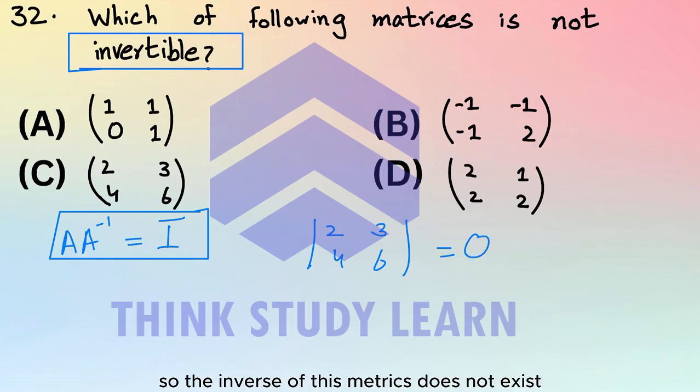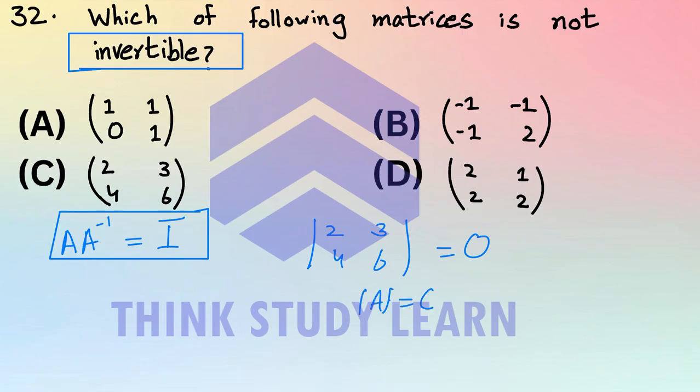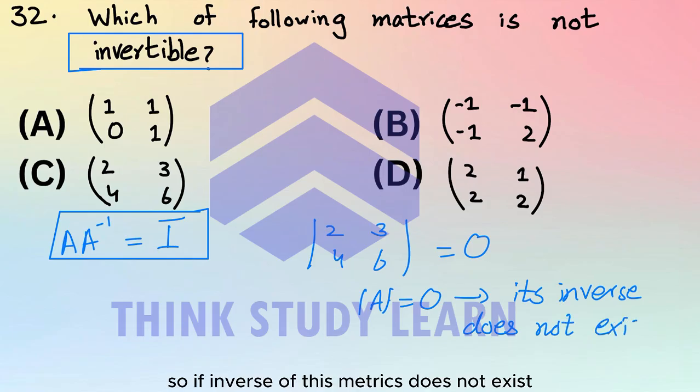So the inverse of this matrix does not exist. We know that if the determinant of any matrix is equal to 0, then its inverse does not exist. So if the inverse of this matrix does not exist, then it is also not invertible. C option is the right answer.